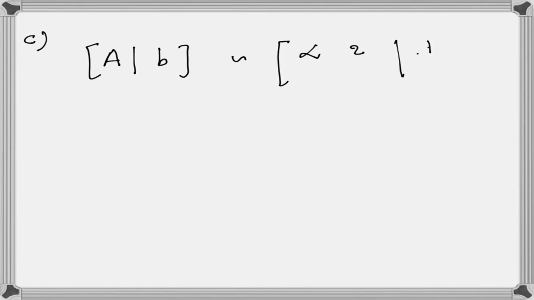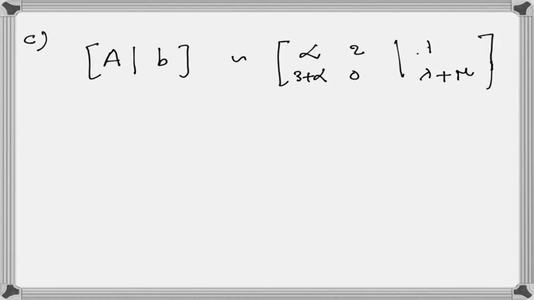So let's go back to the third part. The C part is that we need to derive a condition for which there is no solution, right? As we have seen, the augmented matrix AB is reduced to alpha 2 lambda, 3 plus alpha 0 lambda plus mu.